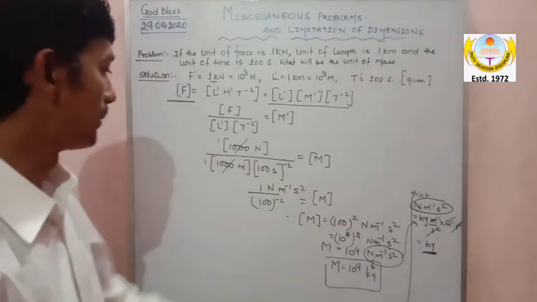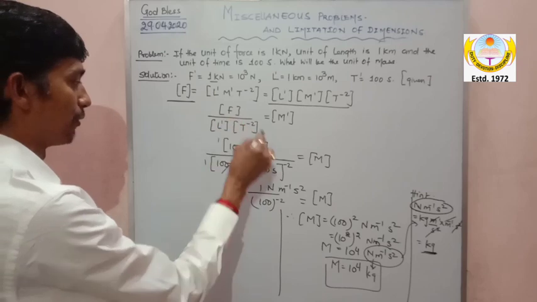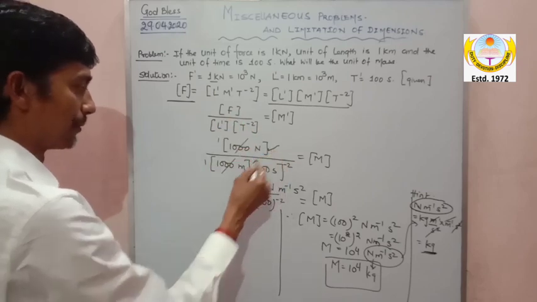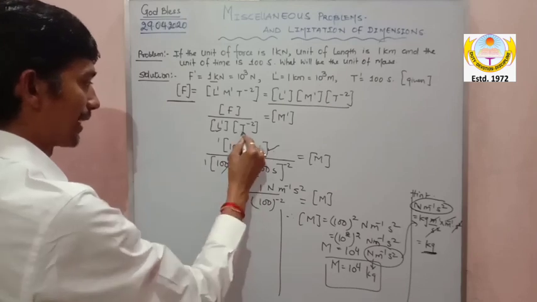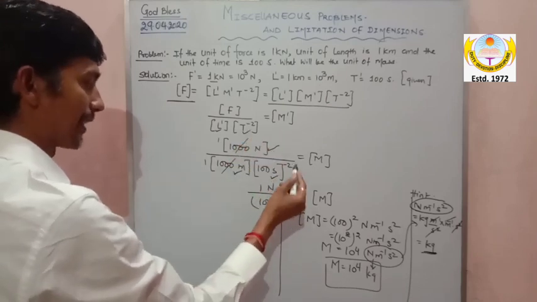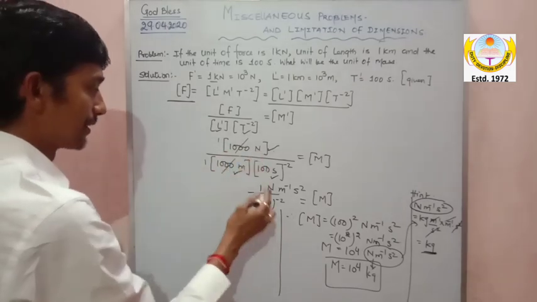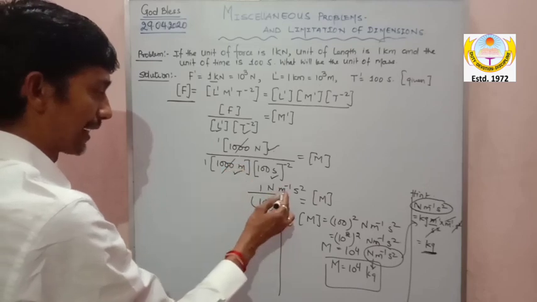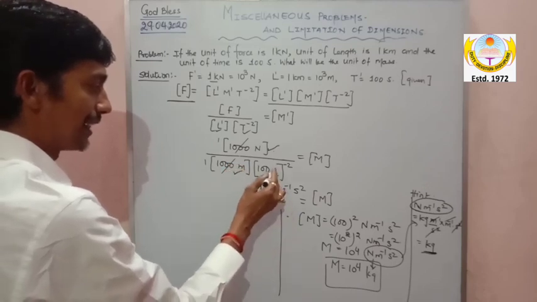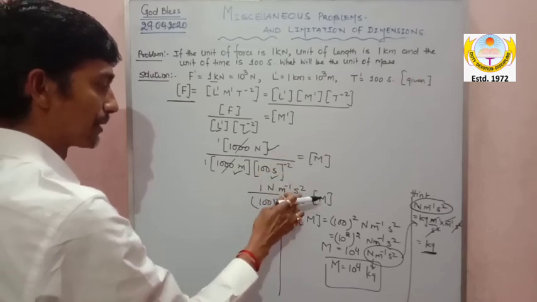So here you can see, my dear, and here I proved it because you must be thinking, sir, force is in Newton. I have written Newton. Here length is in meter. I have written meter. Here time is in second. I have written second. But then, my dear, what I did, 1000 and 1000 cancel. This is Newton, yes, this is meter, but this meter is in the denominator, taken up minus 1, and this S, that is second power minus 2, will go up, become second power 2.